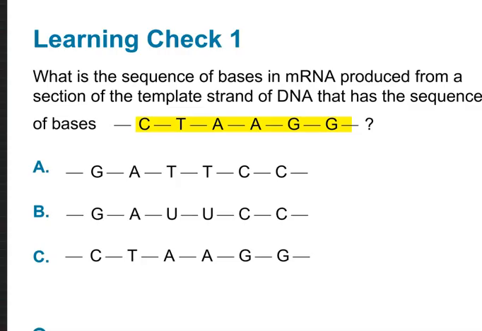So what should be across from C? No, sorry. C or A? Nope. That's G, T, A. A. Remember, it's RNA. So it's U. It's U, G. So that's your answer.